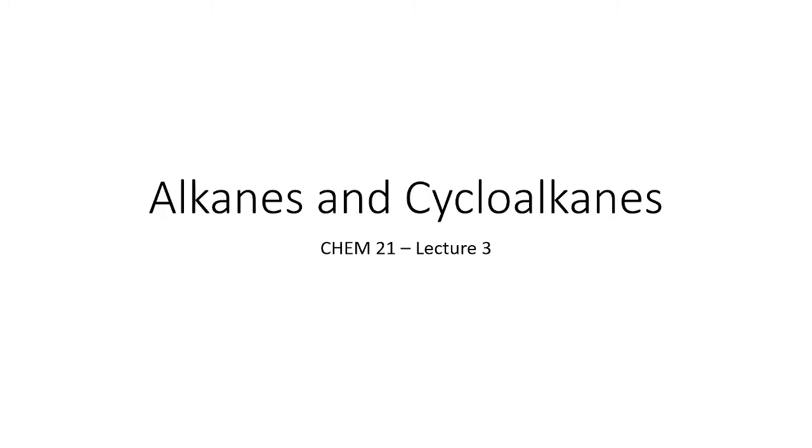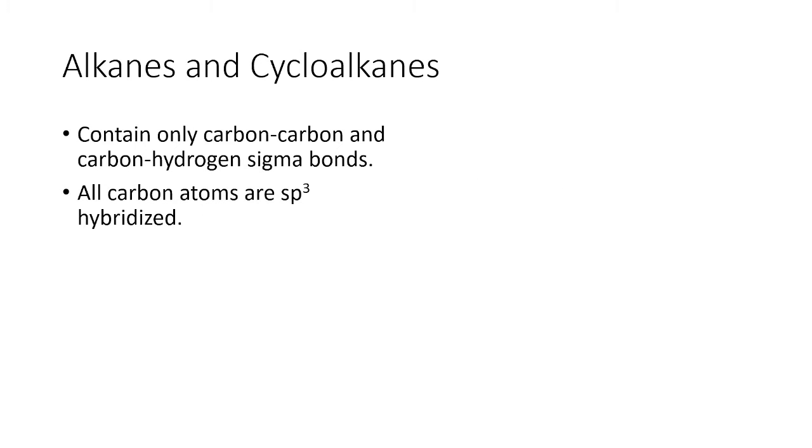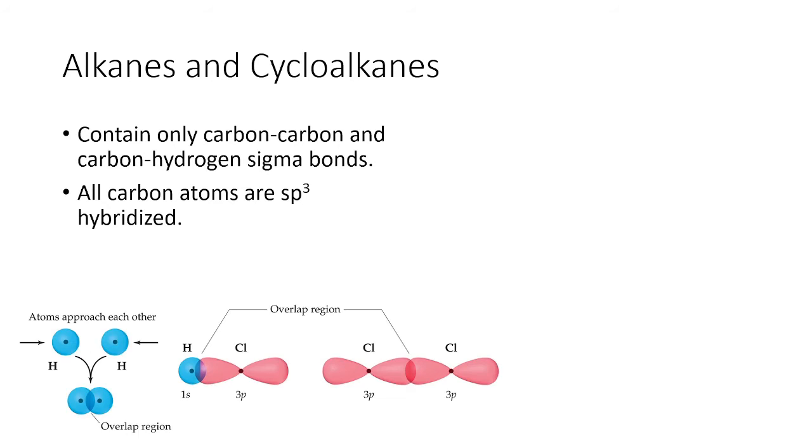So in that, let's first introduce alkanes and cycloalkanes. By alkanes and cycloalkanes, these are organic compounds that contain only carbon to carbon and carbon to hydrogen sigma bonds. Carbon to carbon and carbon to hydrogen sigma bonds are actually just the overlap between two atoms when they approach each other.